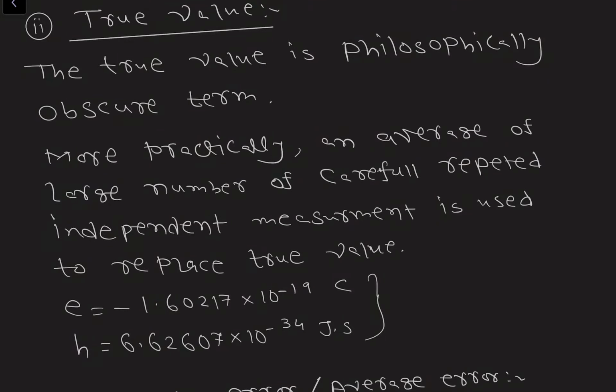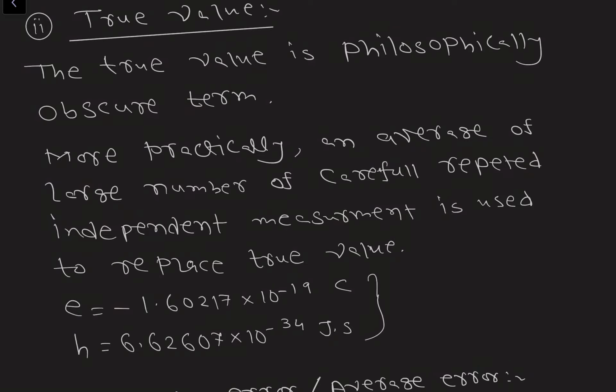Now we come to true value. Actually, true value is a philosophically obscure term, because there is no way we can get a true value of anything. Like, however precisely you measure the length of something like an A4 page, you can never exactly tell the exact value of the width of the A4 page.